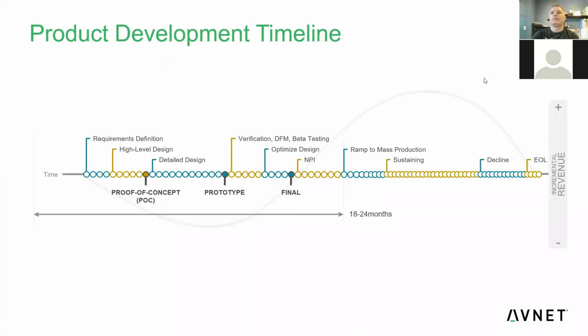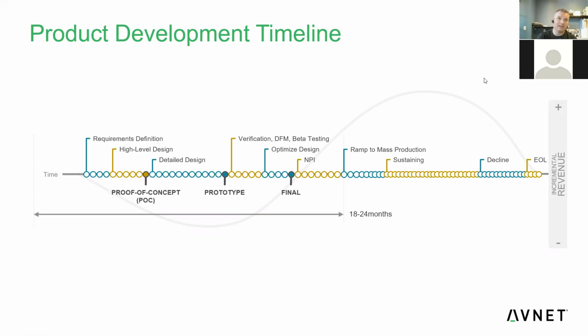All right. So I figured we'd start first with a typical product development timeline, and whether you know it or not, this is what you move through. This is our high-level picture that we tend to use at Avnet as we look at what customers move through.